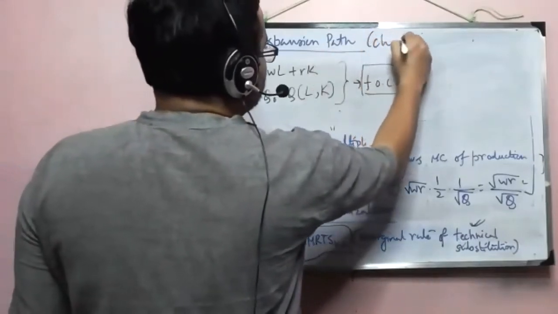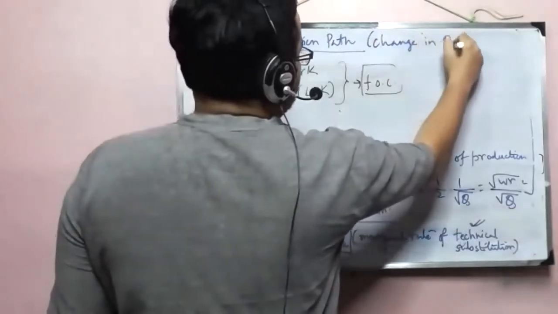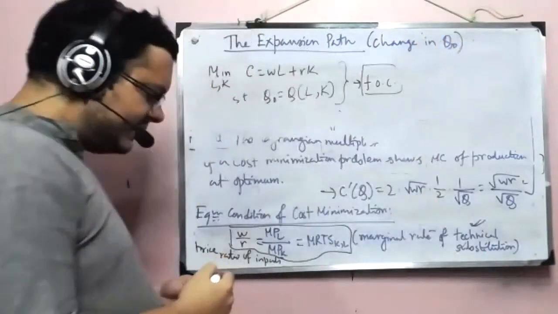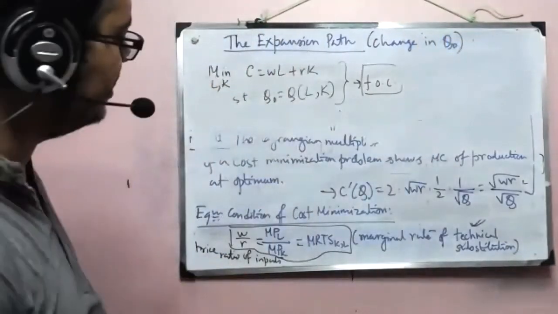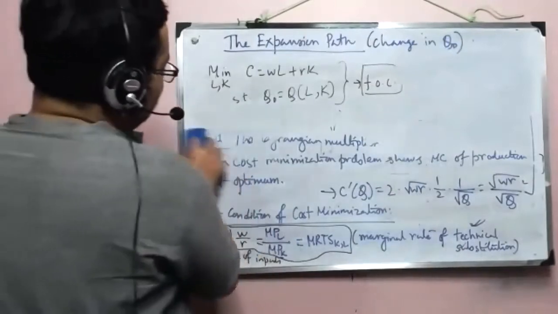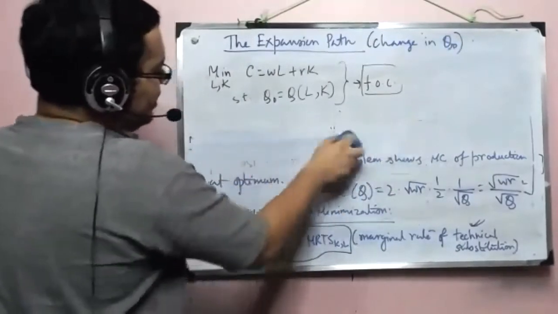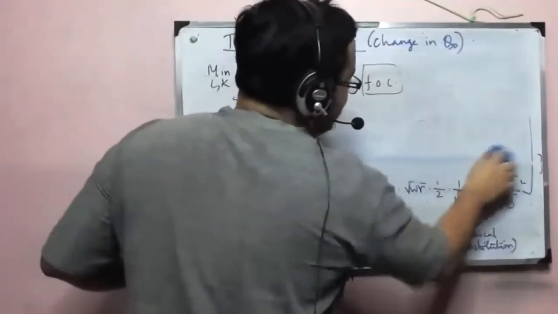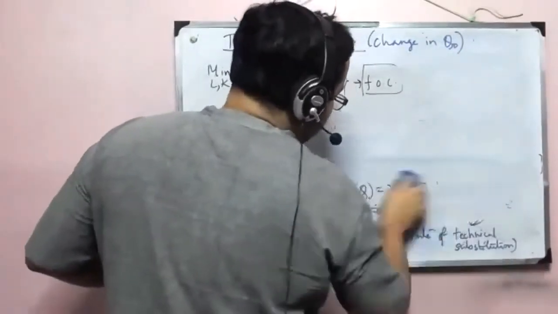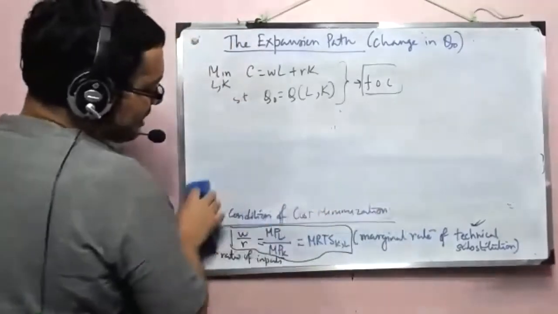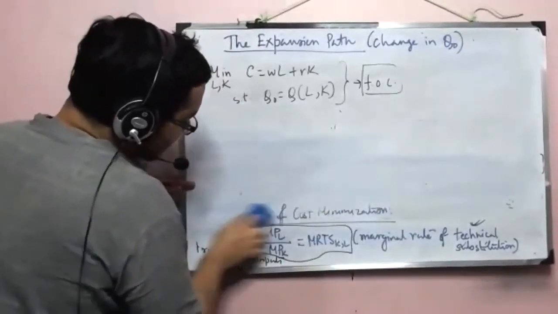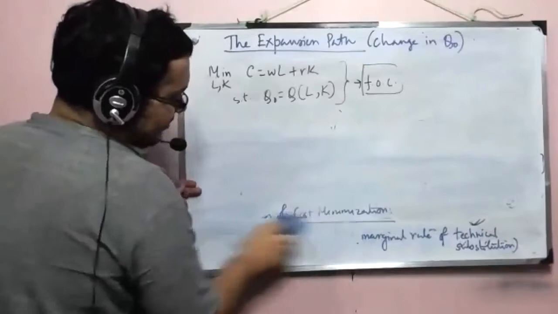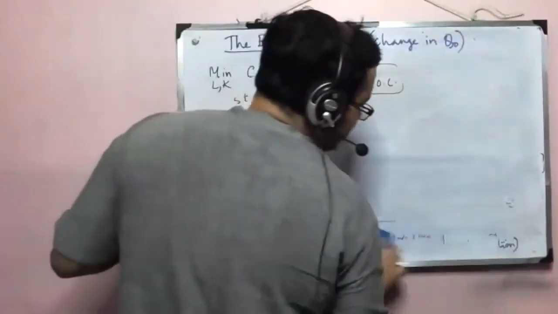So, change in Q naught. All right. So what we're interested in is not really how to find the expansion path. We are interested in something else. We are interested in how this expansion path is related to returns to scale issues of a production function. That's what we are originally interested in.